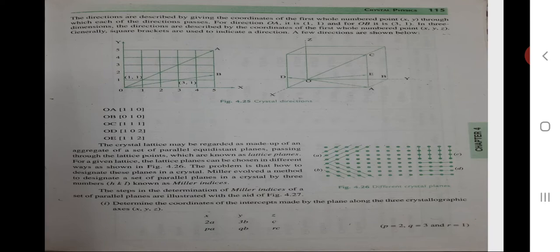Now the steps in the determination of Miller indices of a set of parallel planes are in the figure. The first step is to determine the coordinates of the intercepts made by the plane along the three crystallographic axes.